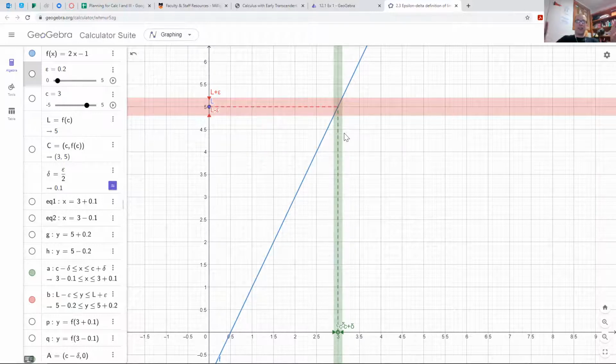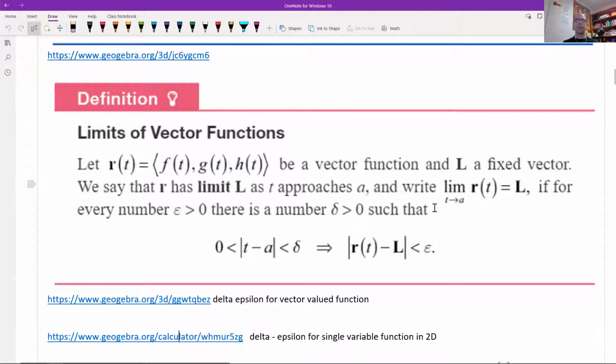In our context, in the vector functions context, we're working in 3-dimensional space. And so now the boundaries don't look exactly like they did before. Here, for the delta boundary, we are just trying to find values that are sufficiently close to t.